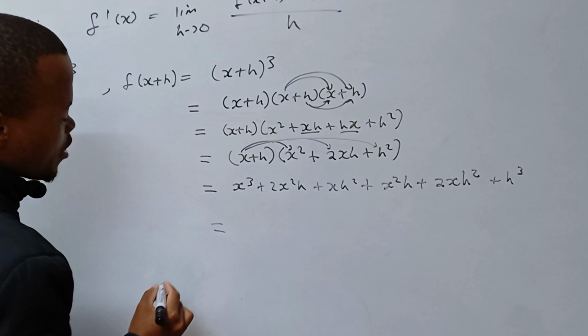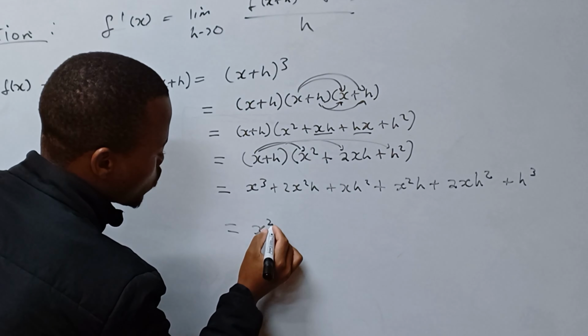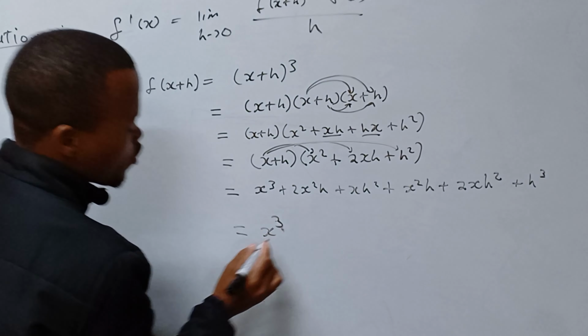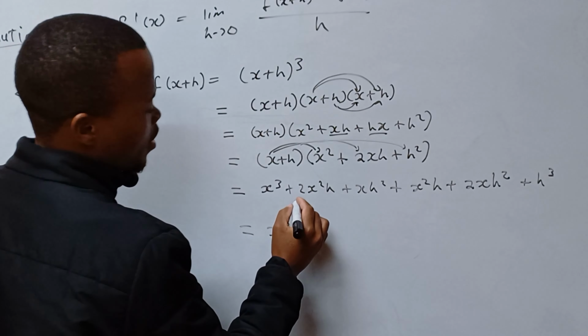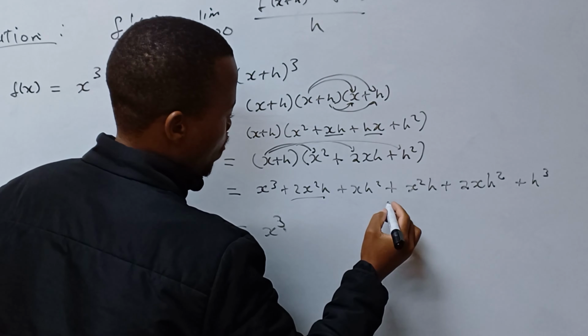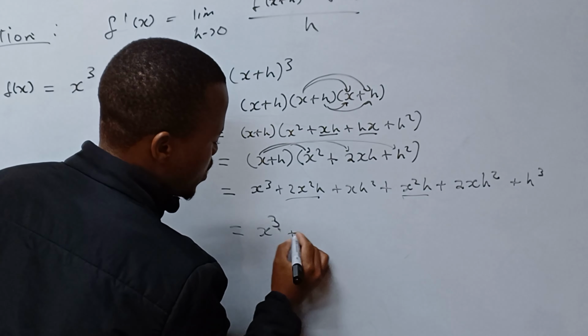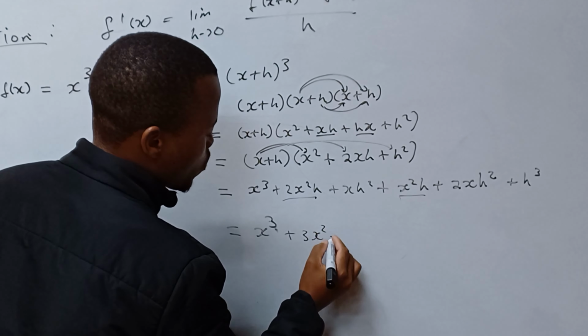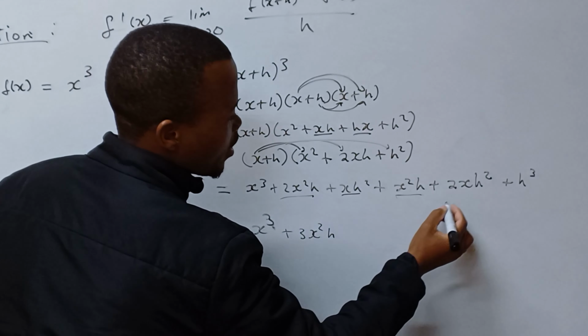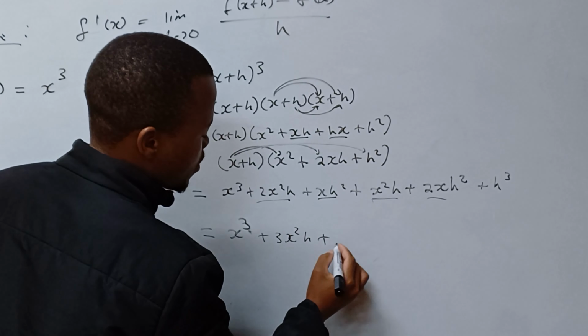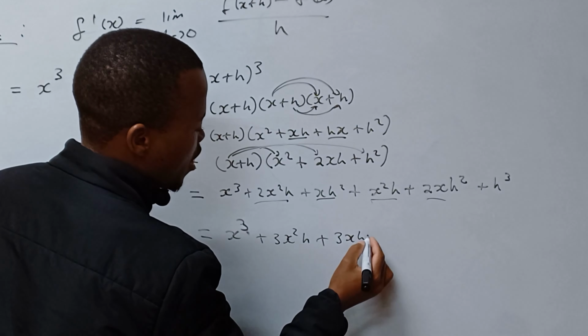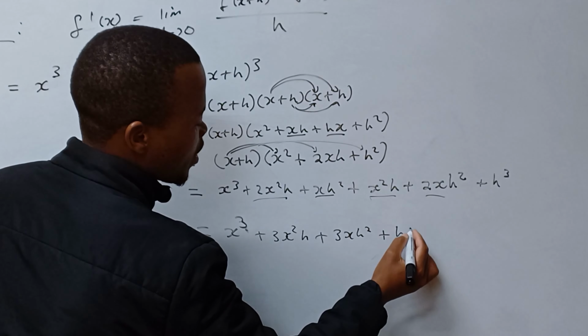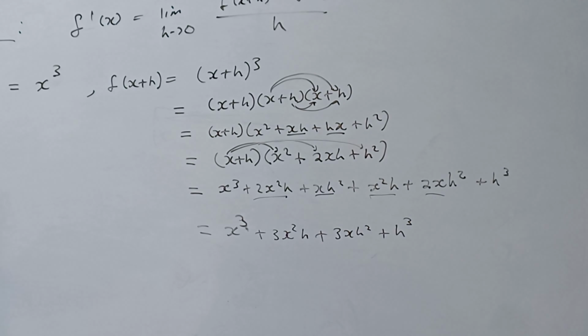So as a result, you end up with x cube. You add like terms, this one and this one, they give you 3x squared h, and when you add the two, they give you plus 3xh squared plus h cube.